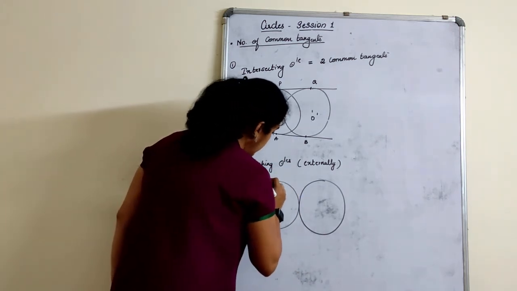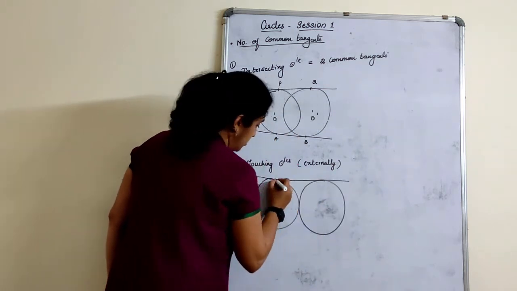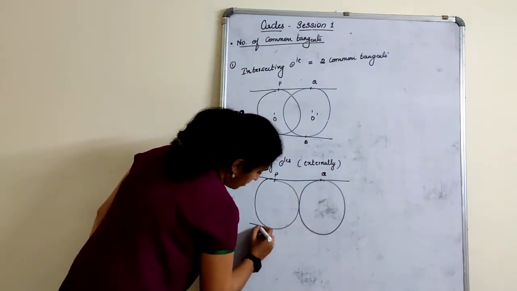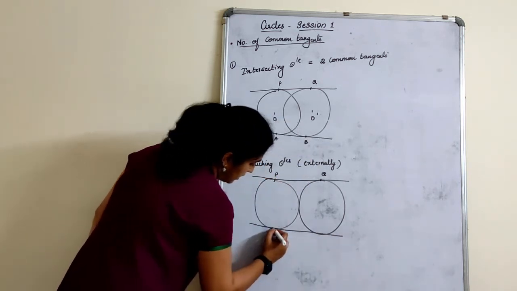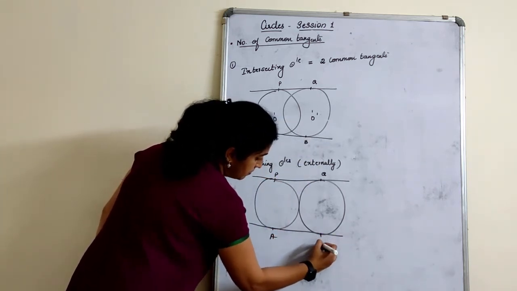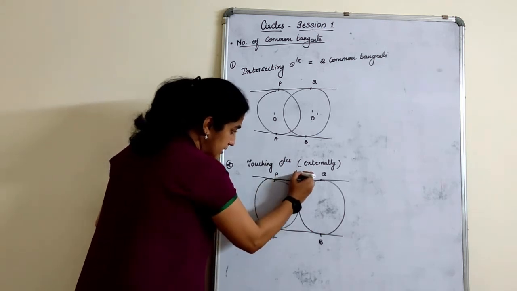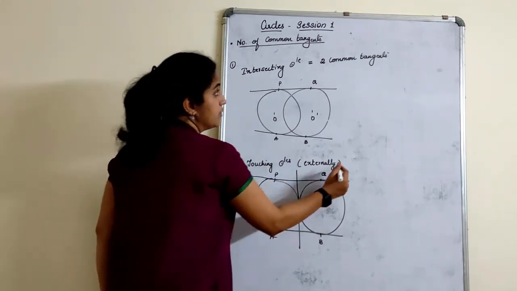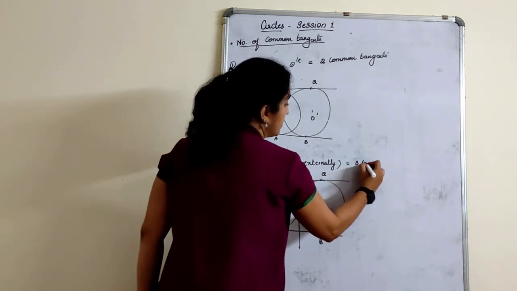How many tangents can I draw? First of all, the same thing I will take here. This is P, this is Q. So this is again A and B. Any more? Yes, X. So how many? 3 common tangents.